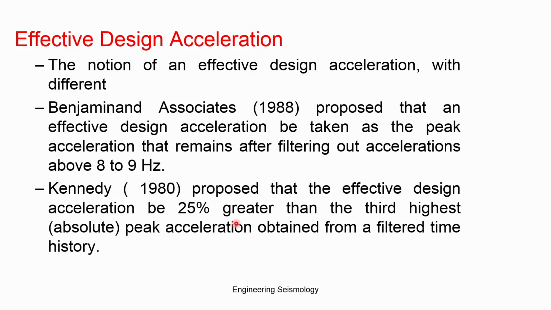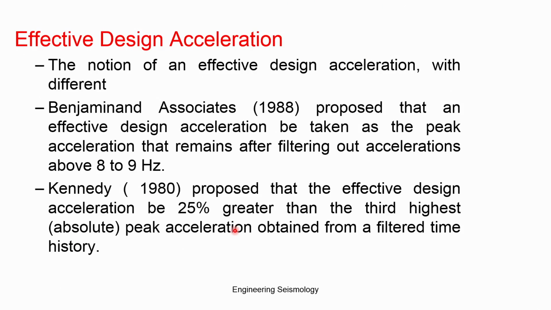So you can take the data, filter it through this range of frequency, and take that acceleration as the effective one. Kennedy in 1980 proposed that the effective design acceleration be 25% greater than the third highest absolute peak acceleration obtained from the filtered time history. So this is like our sustained time history, and adding 25% can be taken as the effective design acceleration.